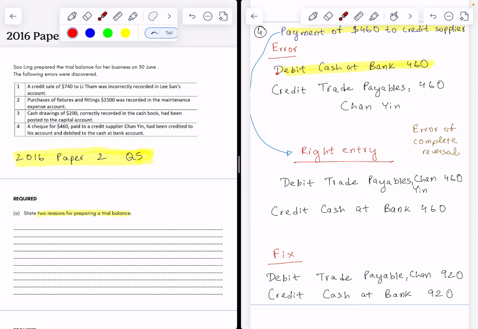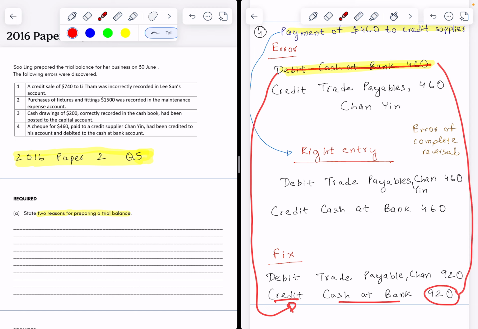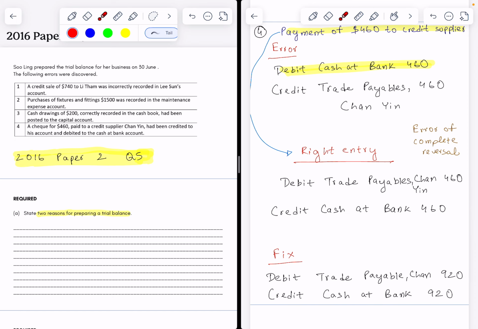So how can we achieve that? If we credit the cashiered bank account by $920, then we're making sure that this $460 of debit is entirely offset first, right? And then we are left with an extra $460 of credit balance. Therefore, the fix for this journal entry is to credit the cashiered bank account by $920, okay?